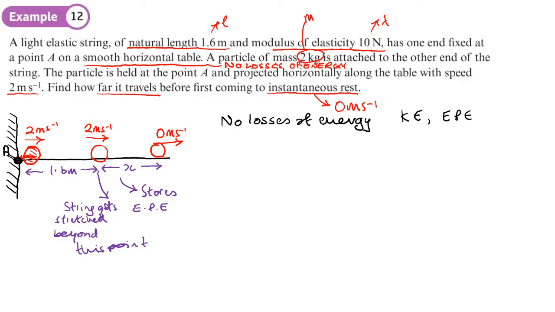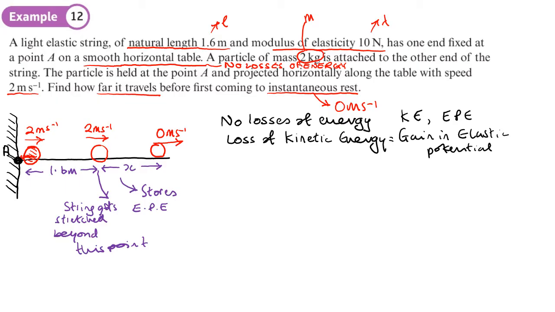So since there are no losses of energy, any loss of kinetic energy is going to be equal to the gain in elastic potential energy, because as that string gets stretched, it's going to start storing this elastic potential energy.